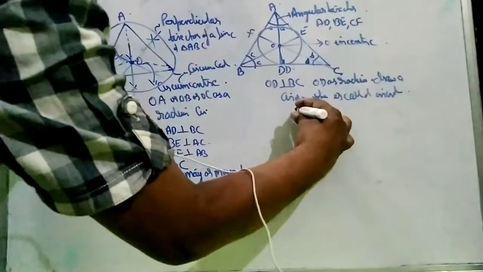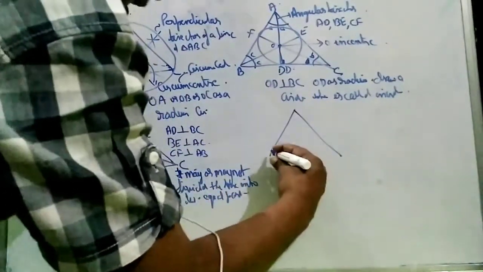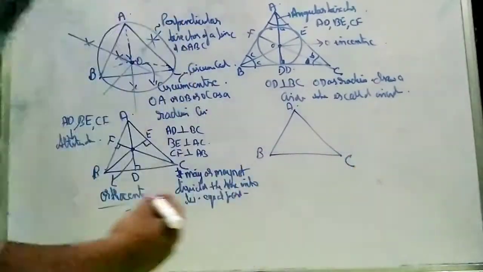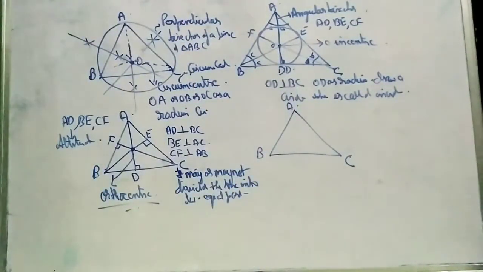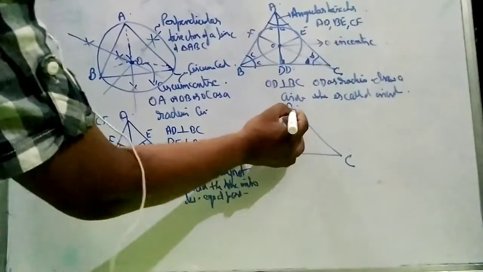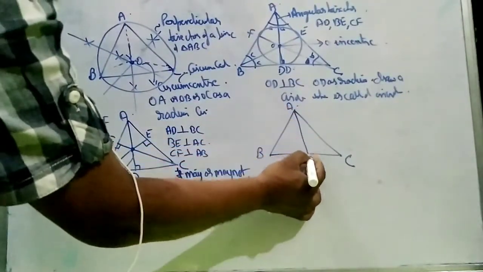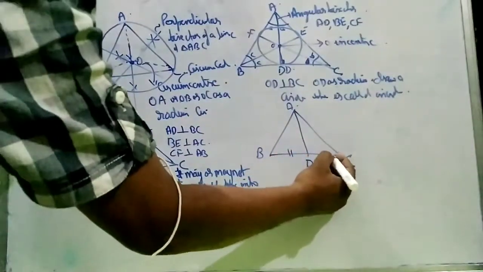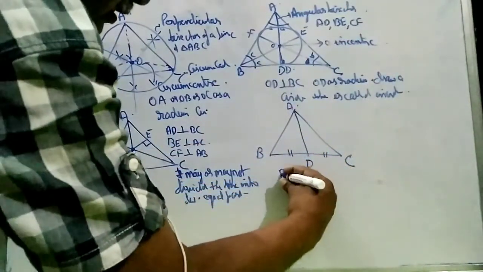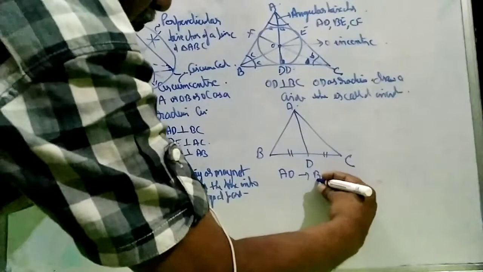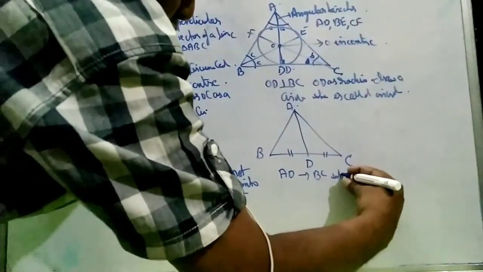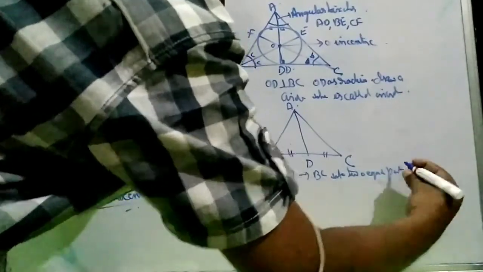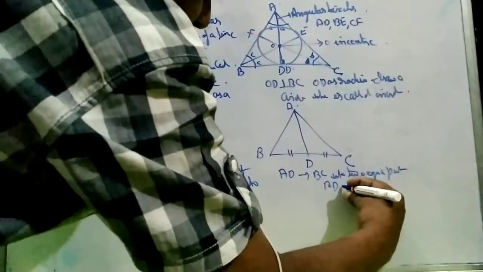Number 4, if we take a triangle ABC. From A, if you draw a line which divides the base into two equal parts, this AD divides BC into two equal parts, such that BD becomes equal to DC.